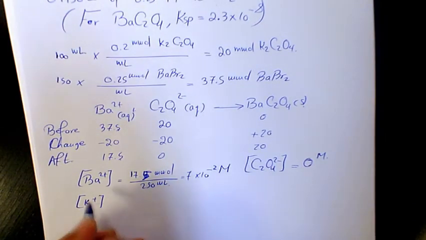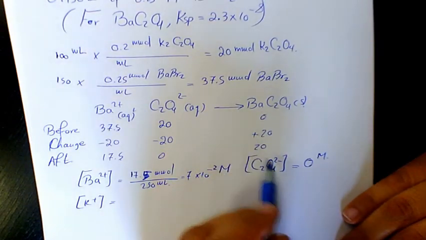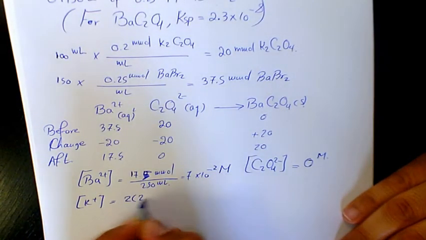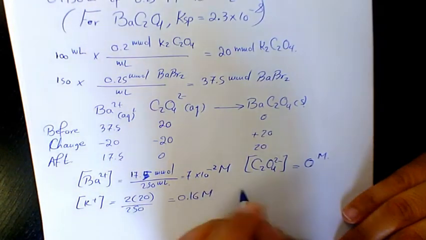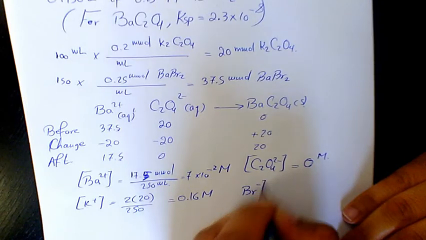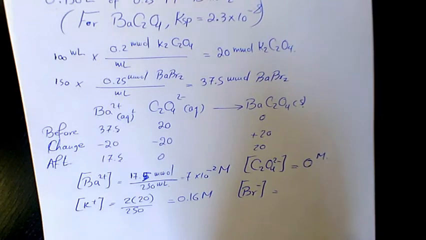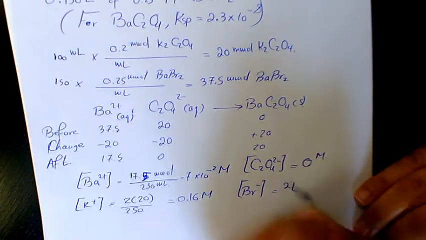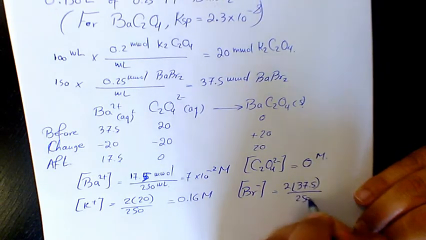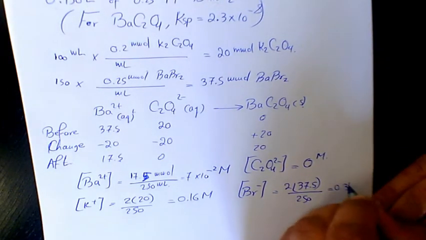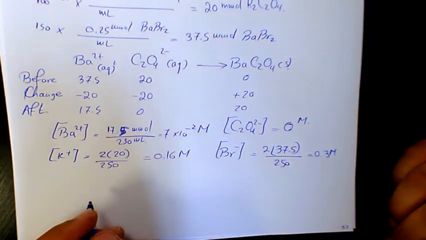Potassium ion is going to produce 2 of them, so it's going to be 2 times 20 divided by 250, which is going to be 0.16 molar. And bromide is going to be 2 times 37.5 divided by 250. That's going to be 0.3 molar. So these are all the concentrations.